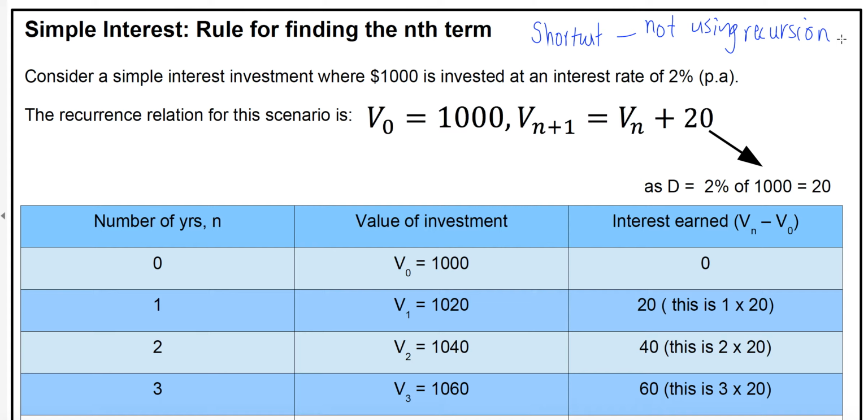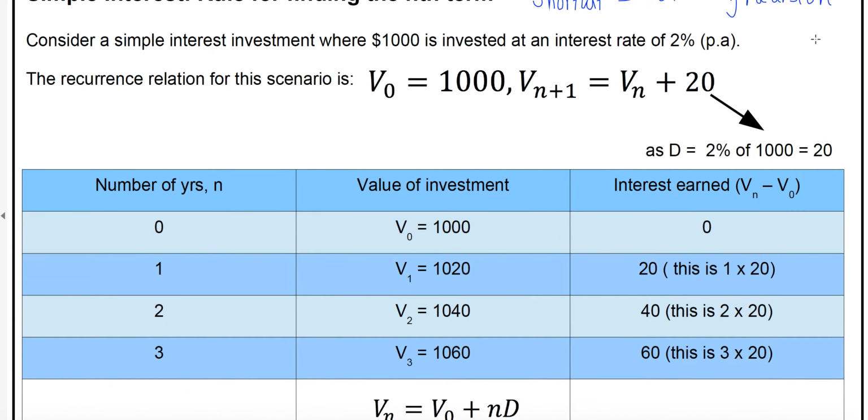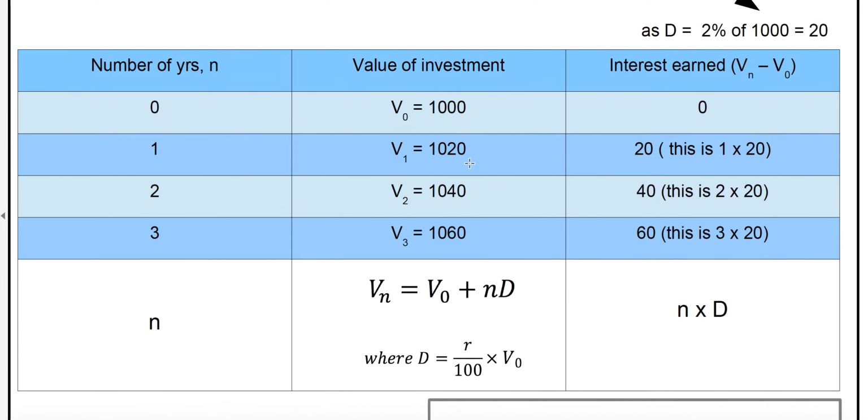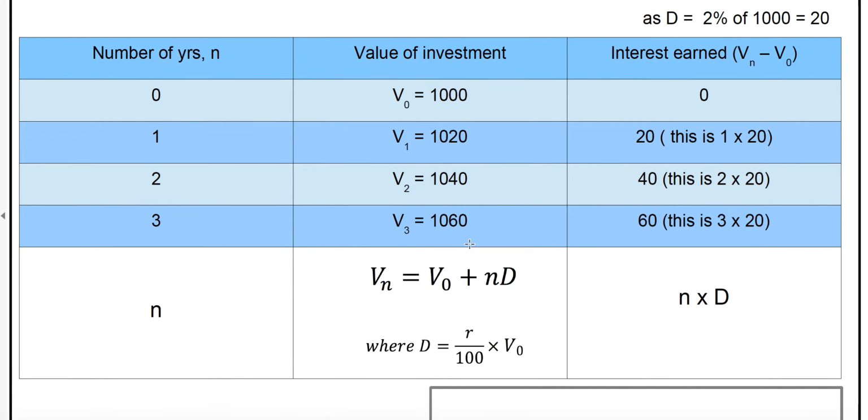Now this table here sort of explains it. I'll just run through it briefly. If you've got 1,000 invested and you're earning 2% each time, 2% of 1,000 is 20, so you're earning $20 each year, or each time period. So if you have a look down here, that means $20 is added each year. So we go from 1020 to 1040 to 1060.